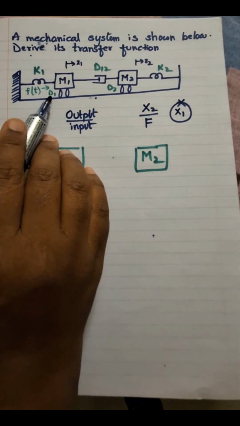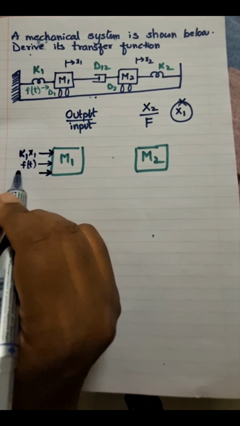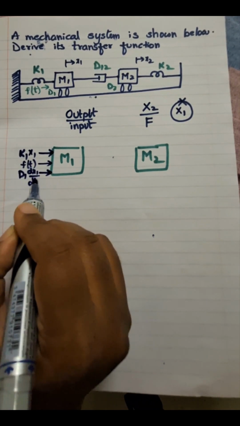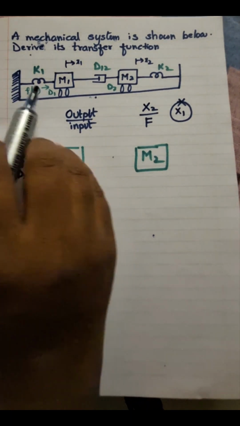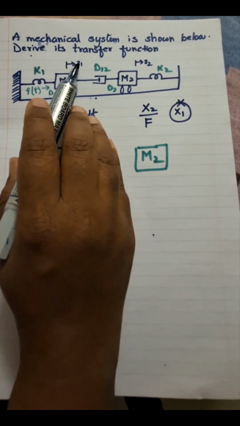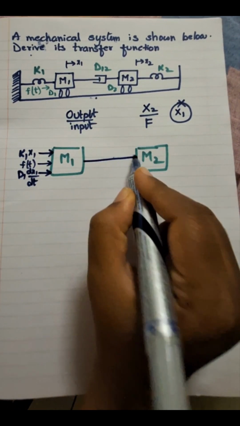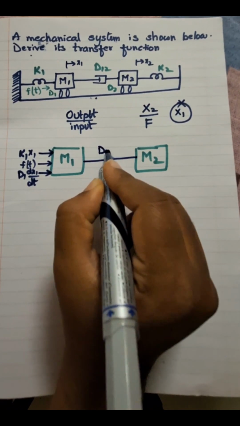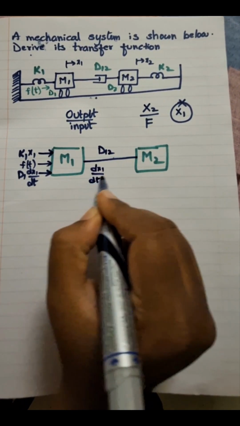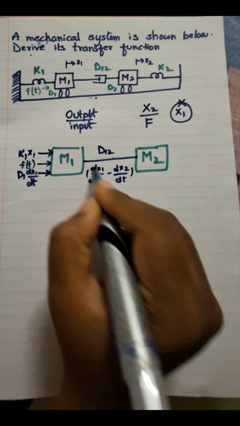Next, D is there. D means what? Damper. So damper means D1 dx1 by dt, right? Perfect. So K1 is done, F is done, D is done, M1 we already showed, x is the displacement. Then D12 is in between, so dx1 by dt minus dx2 by dt should be our multiplier.